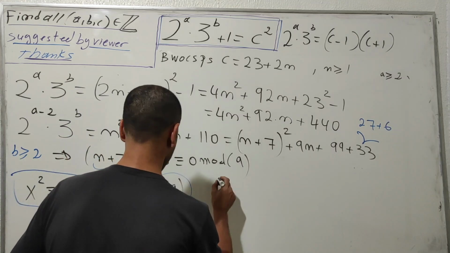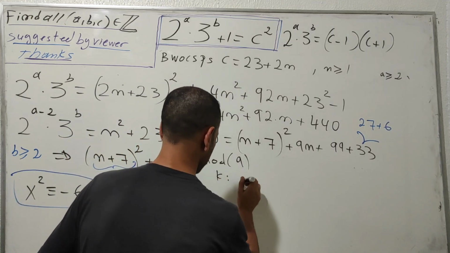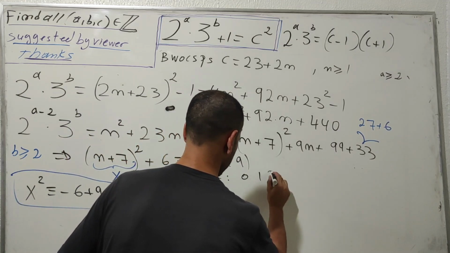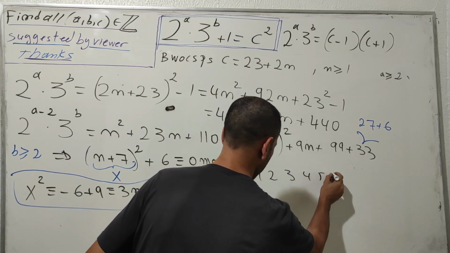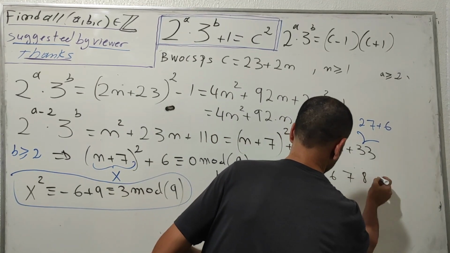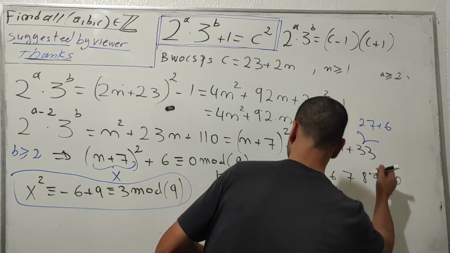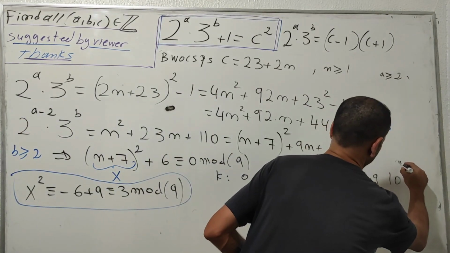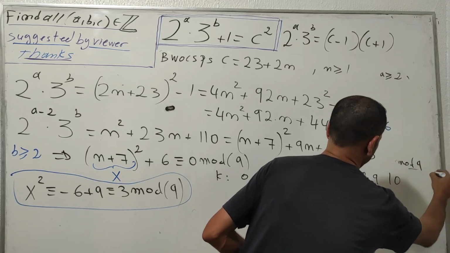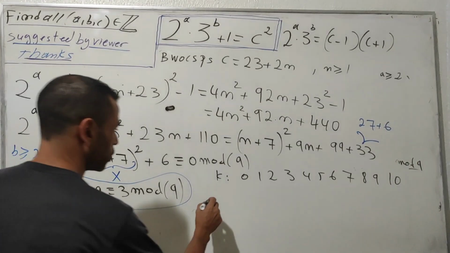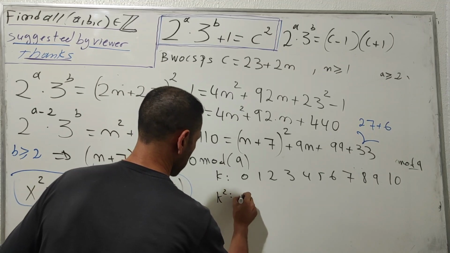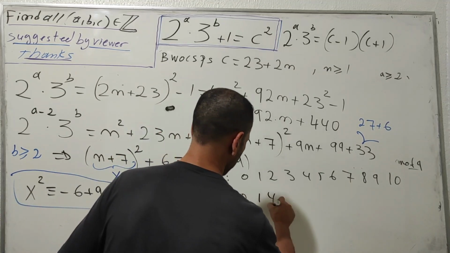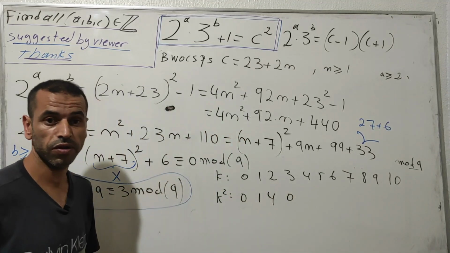Let's take k following the values 0, 1, 2, 3, 4, 5, 6, 7, 8, 9, 10, and so on and so forth, reduced mod 9. Now I'm going to take k squared. I get 0 here, I get 1, I get 4, I get 0 here because 9 is divisible by 9.